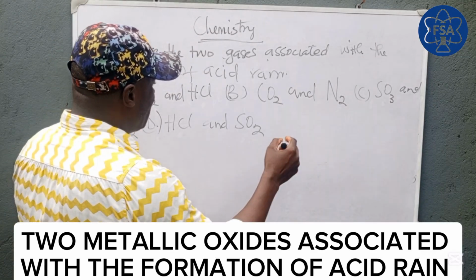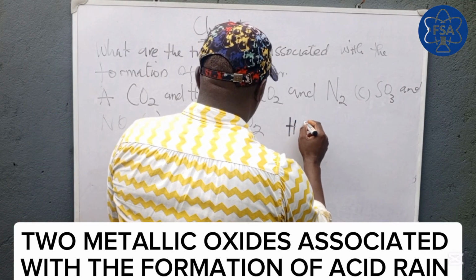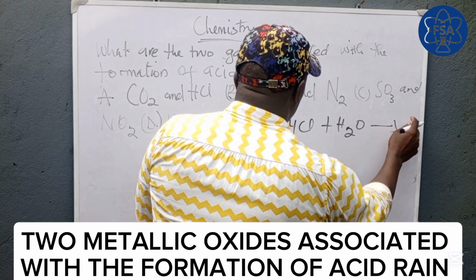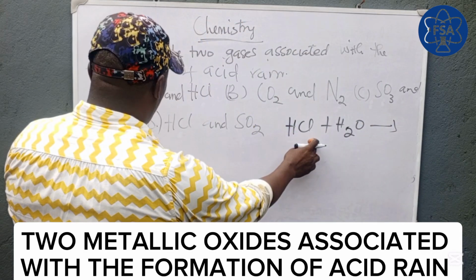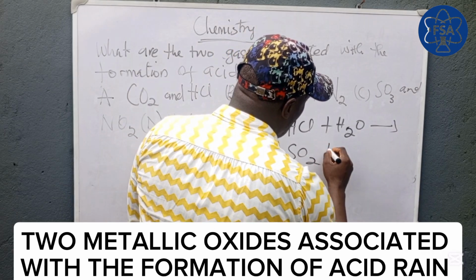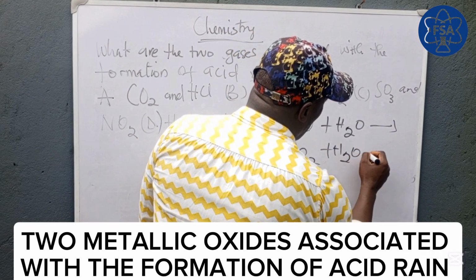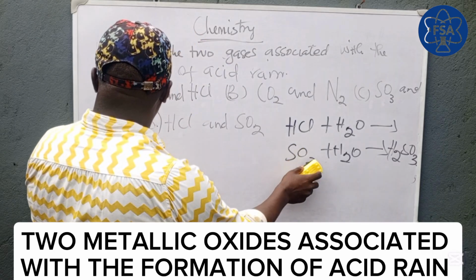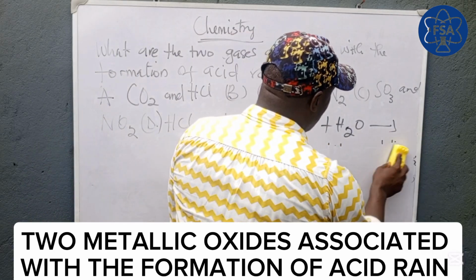Our D has HCl plus water, so this one will only form a diluted hydrochloric acid. Then SO2 plus water will also form a sulfurous acid. So we are saying that this can also form an acid.